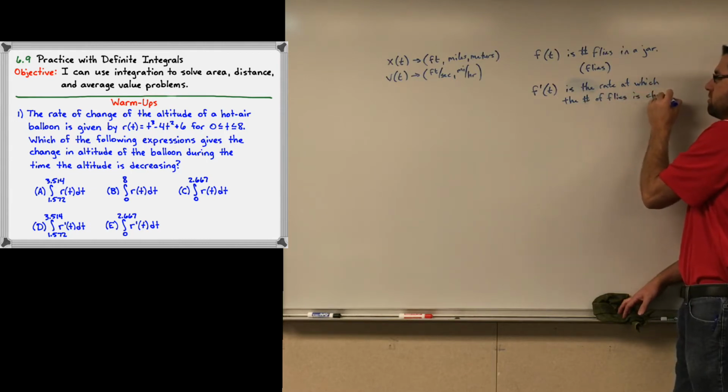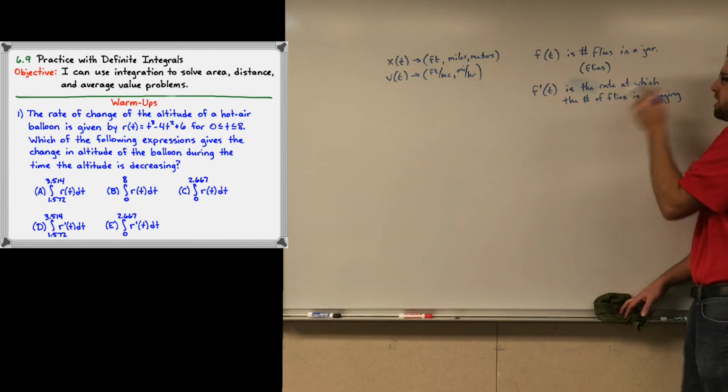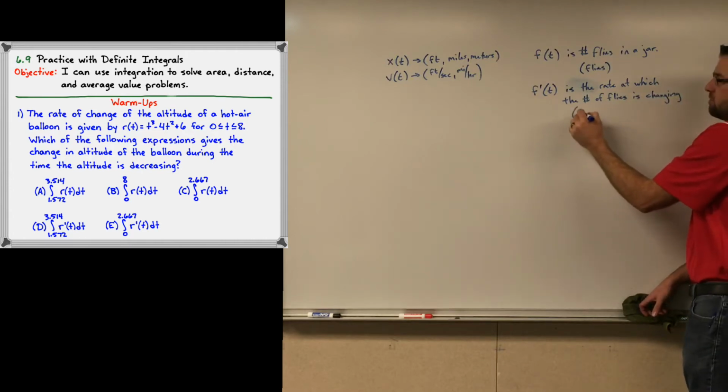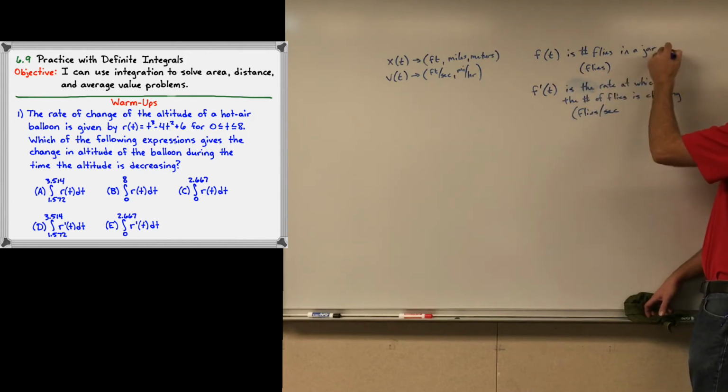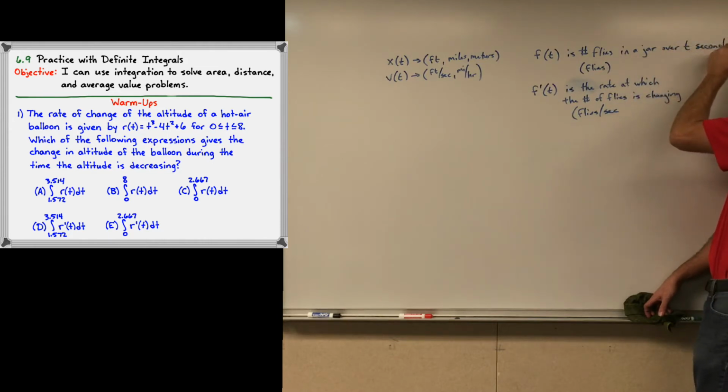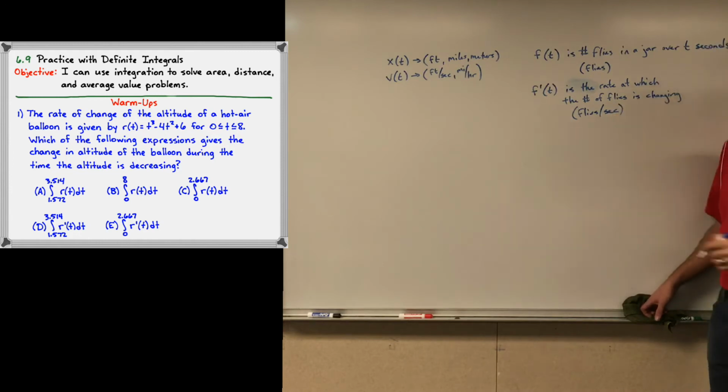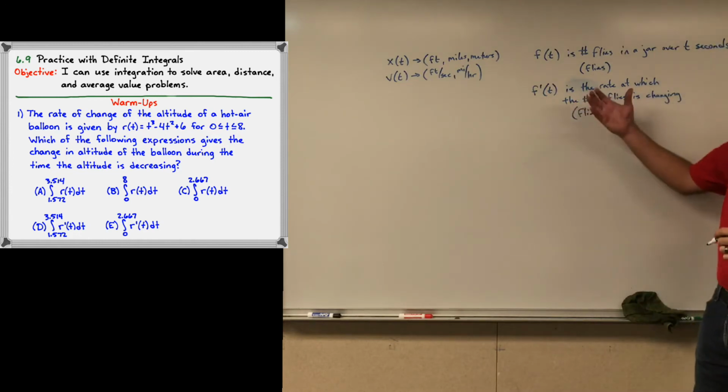You guys okay with that? Because f prime is always a rate. What's the units on that? Flies per second. Let's do this over t seconds, so that way it gives you everything. So f prime represents the rate.